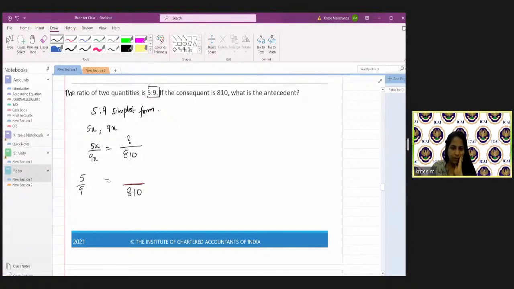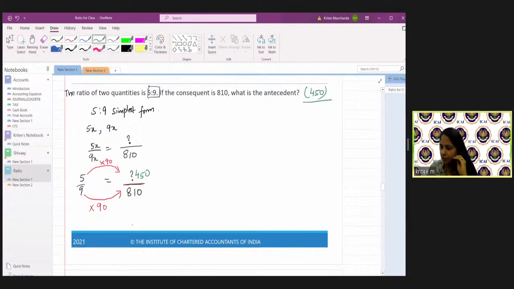This is 810 and I have to find this. What should be multiplied with 9 so that I get 810? 9 nines are 81. So 9 multiplied with 90 gives me 810. Same here. Multiply with 90 and you get your answer. As simple as that. So what is the antecedent? It's 450.